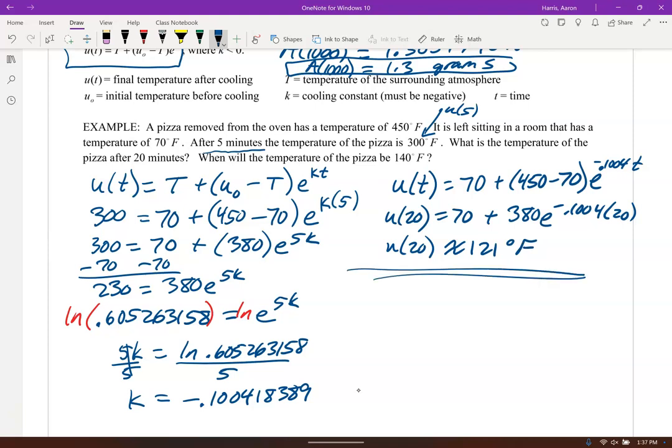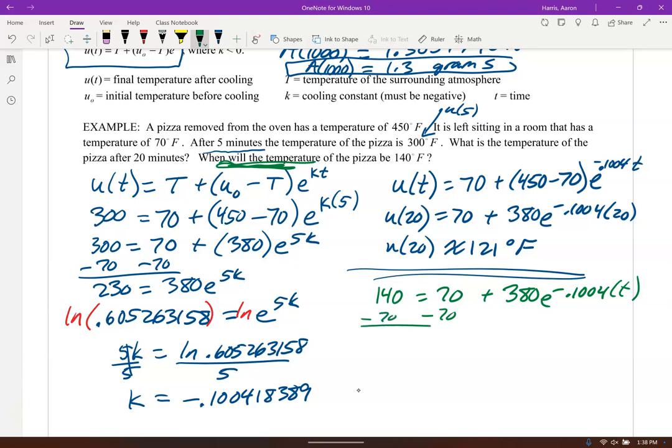Punch that all in. Now, the second part, when will the temperature, so solve for u of t. I'm sorry, when, so how long, t, solve for t. When will the temperature of the pizza be 140? So 140 is my u of t. 70 plus that 380 e to the negative 0.1004 t.